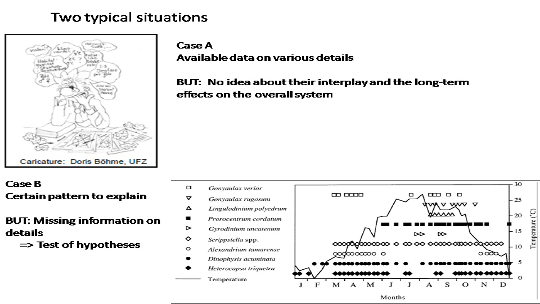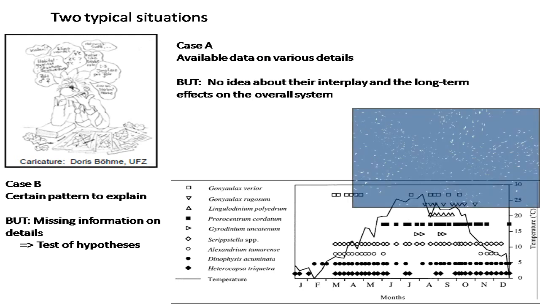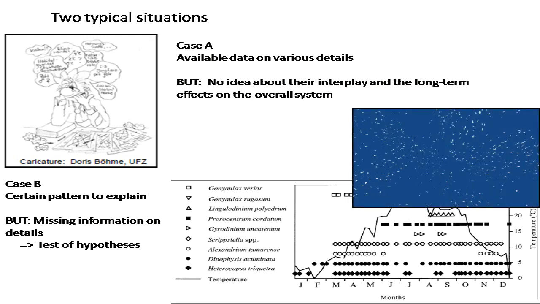So for example, here there's a temporal pattern from January all the way through different months to December of different phytoplankton species occurring in relation as well to temperature.